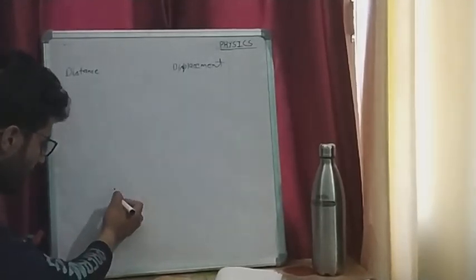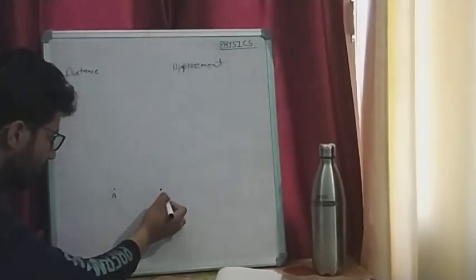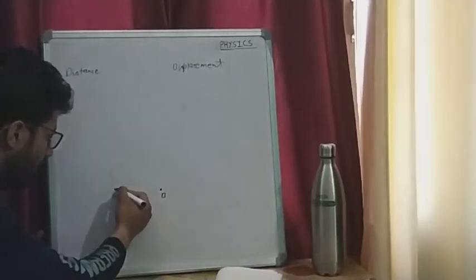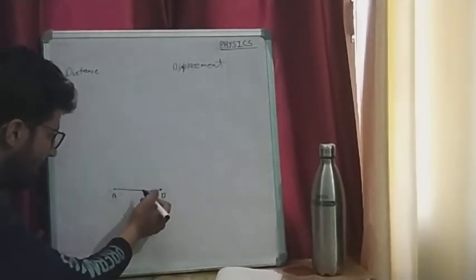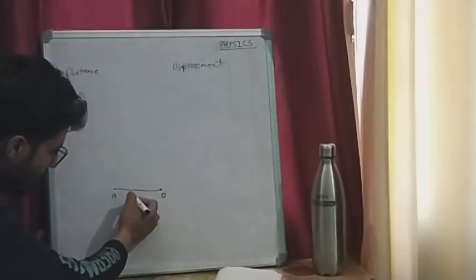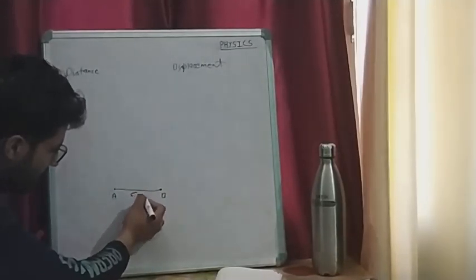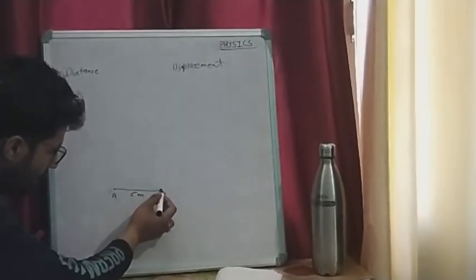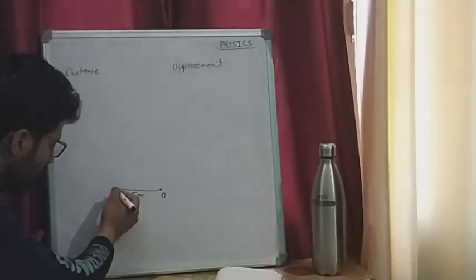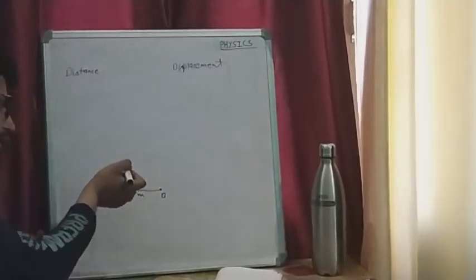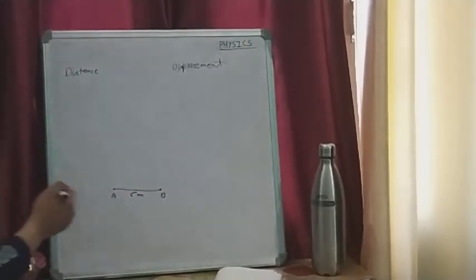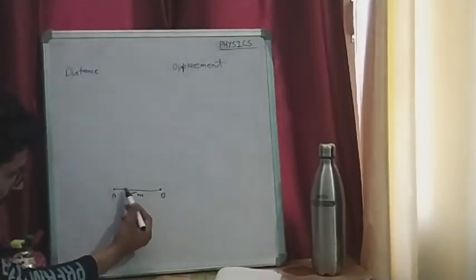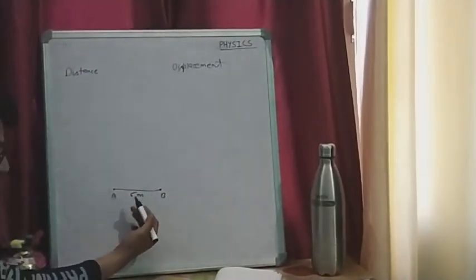If a body is moving from A to B, and this distance is suppose 5 meter, and after that it returns from here to this point, then in the total journey how much distance did it cover?